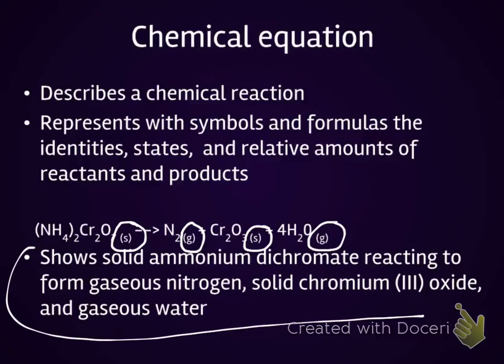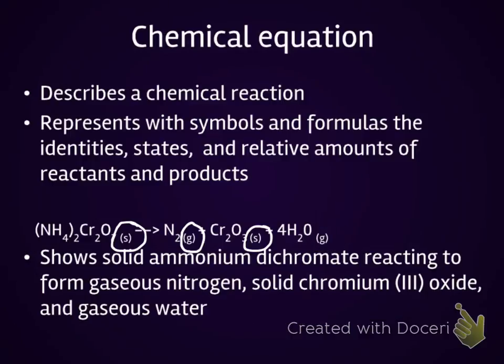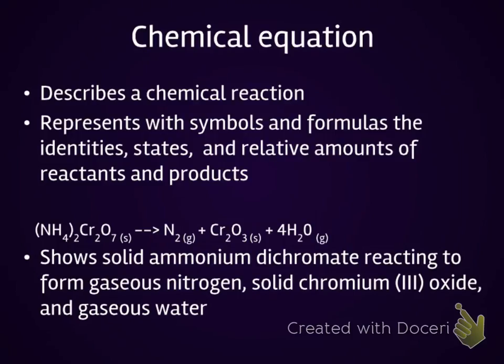So I'll give you a sentence, and you will write an equation. If we were to read this chemical equation, we would say: solid ammonium dichromate reacts to form gaseous nitrogen, solid chromium(III) oxide, and gaseous water.